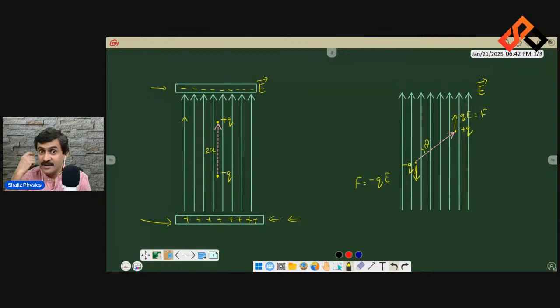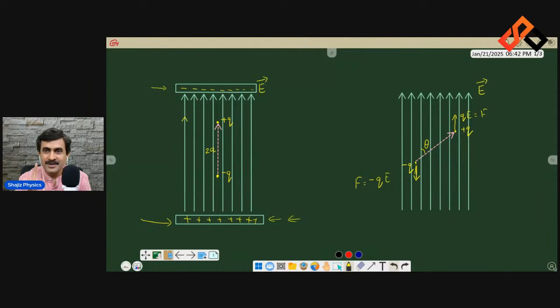So both the forces are equal, because both the charges are equal and are placed in a uniform electric field. The strength of the electric field is constant throughout. So in this particular case, the forces acting are equal but opposite in direction.